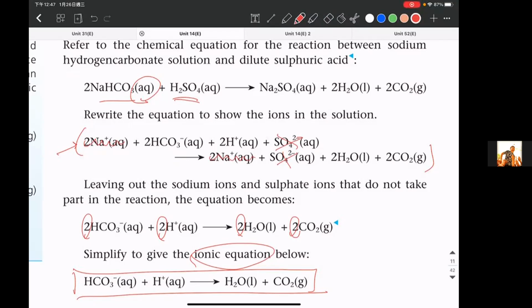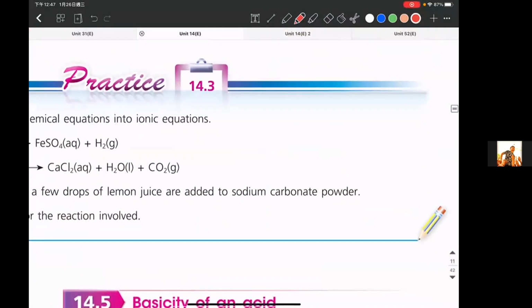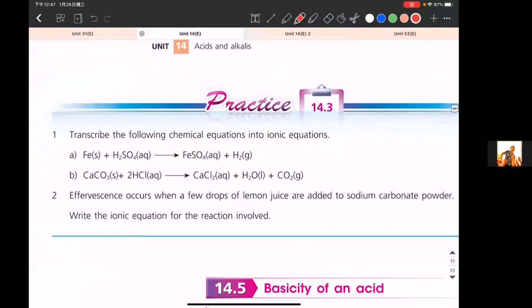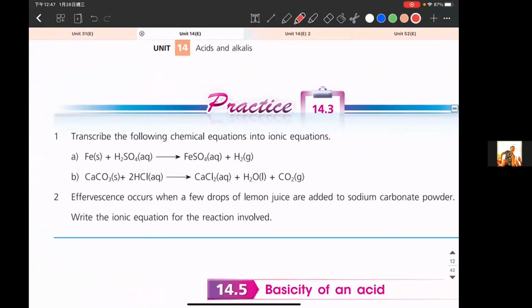Your turn. Could you please transcribe the following chemical equations into ionic equations? The first one. What are the spectator ions?